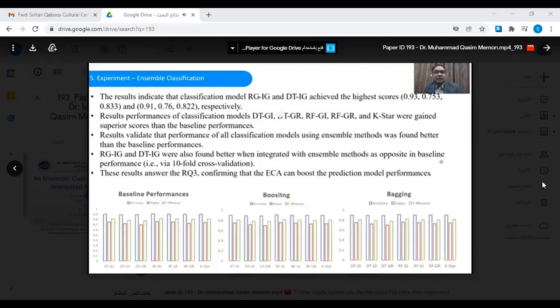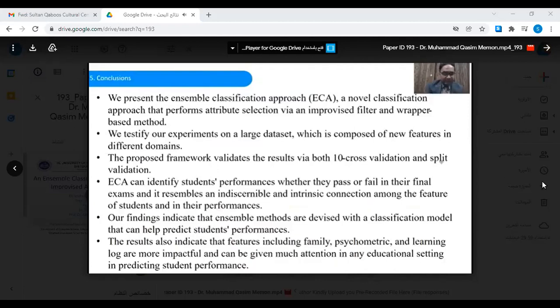Remember that baseline performances are the single classification models, and the ensemble models are added with bagging and boosting techniques. The conclusion of this paper is that we present the ensemble classification approach, a novel classification approach that performs attribute selection via an improvised filter and wrapper-based method.